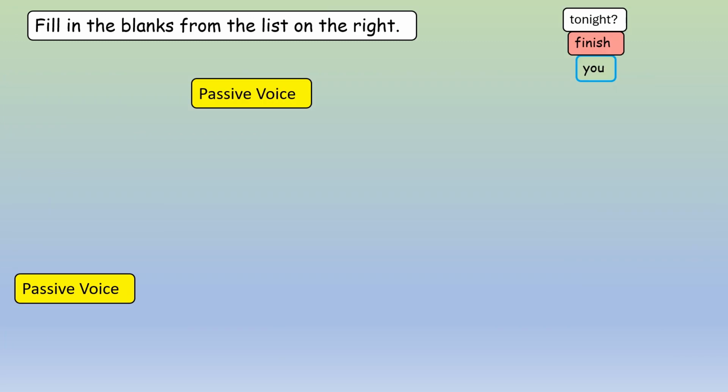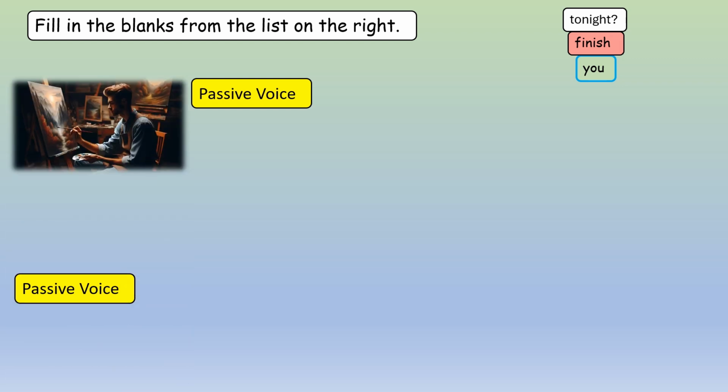Fill in the blanks from the list on the right. So our first list here includes the words tonight, finish, and you. So let's see what we come up with. There's a picture that matches there. Would, there's a gap, then kindly, a gap again, then the painting at home. So let's fetch the missing parts.